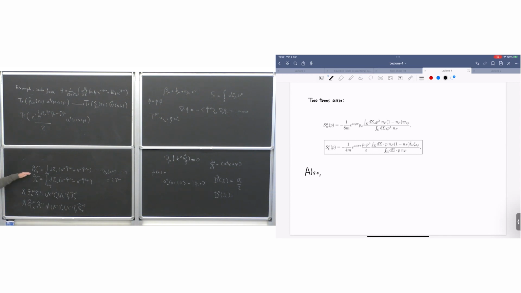So even though this has the appearance of a tensor, once you fix this hypersurface, it is not a tensor operator. Okay? Which means that in the final formula you must have a dependence on this hypersurface at some point.